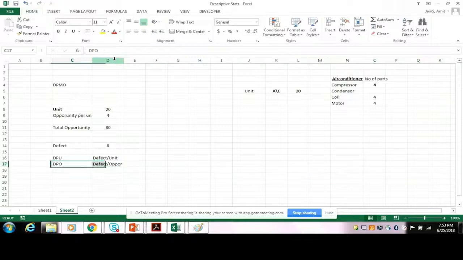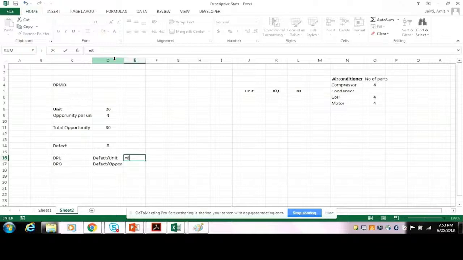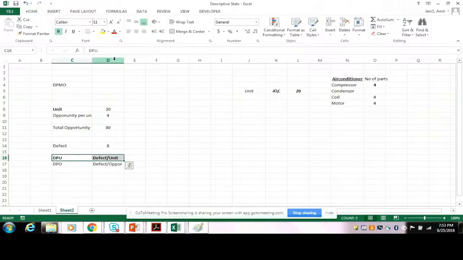Okay, so let's calculate DPU first. So the total number of defects that we got is 8. Right, Scott? We have 8 defects, but is that per unit? Are there more than 1 defect in a unit, or are we saying there's only 1 defect per unit? For this calculation of DPU, that is immaterial.